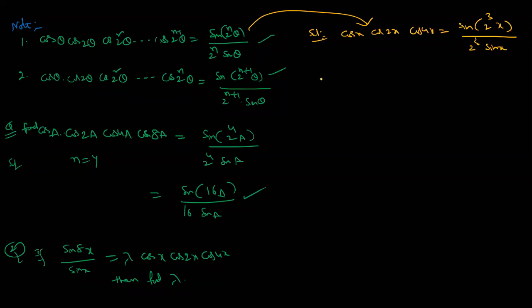But with the cube transposed to the other side, so 8 into cos x, cos 2x, cos 4x equals sin 8x by sin x. So therefore, what is your answer, dear students? Compare with the given equation. Lambda is 8. So these types of models they are asking. Be careful.